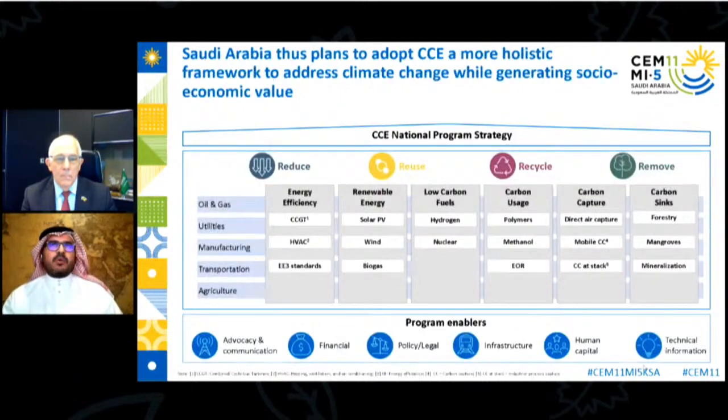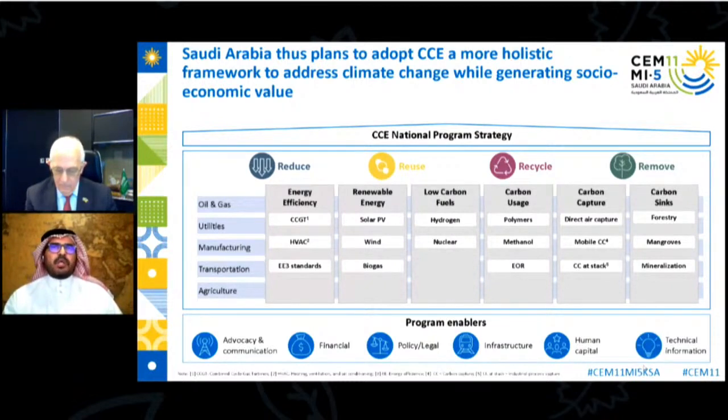And that's why we see the value of the framework of the 4 pillars, the 4 Rs. But we also see the CCE cross-cutting so many of these, making a lot of progress when it comes to reducing emissions. When we focus on so many initiatives, we can see that we're focusing a lot on carbon capture, enhanced oil recovery, as well as the normal discussion around efficiency and standards that will bring down energy use.